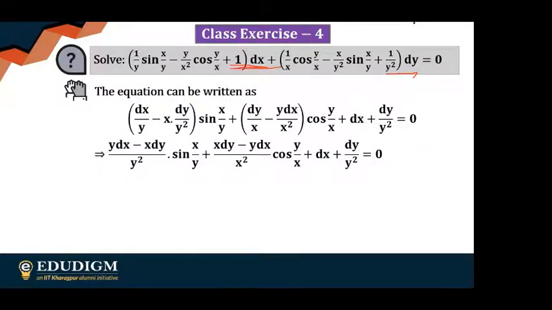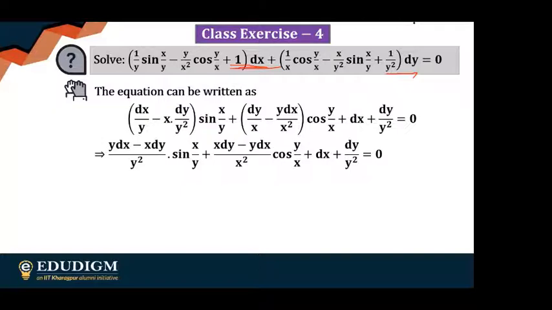These things are very easy to integrate, because sine of something will give you minus cos of that thing. But unfortunately, it is not sine x or sine z or something simpler. So you have to get a backup of this x by y or y by x.